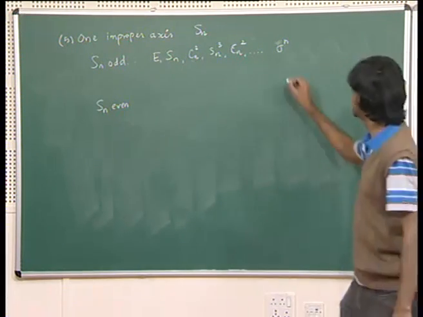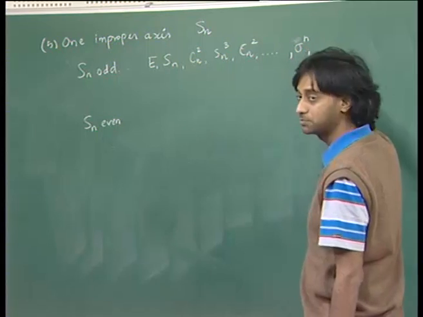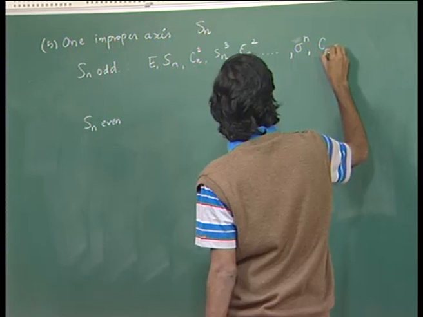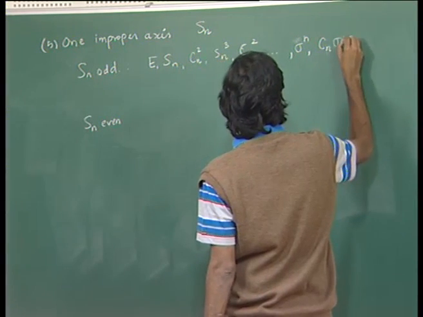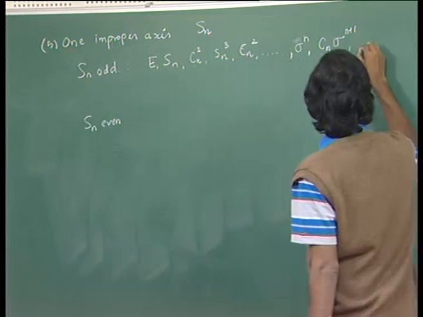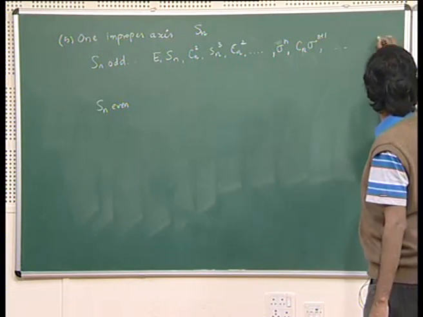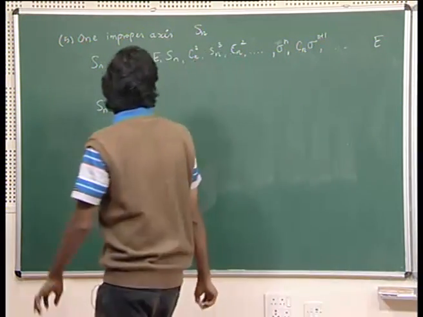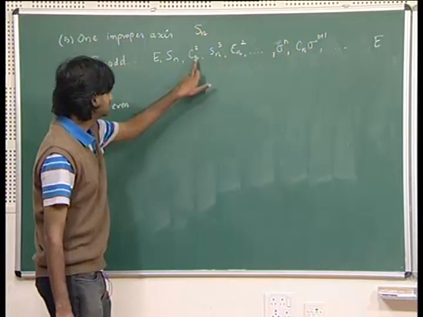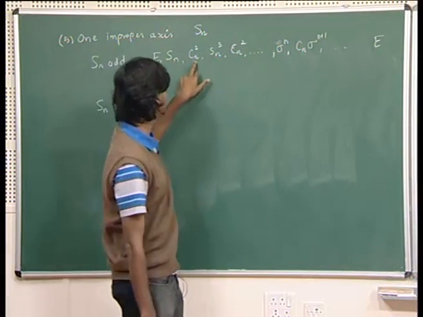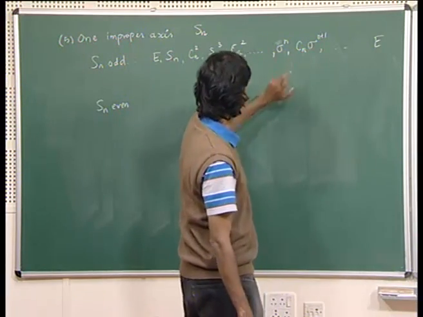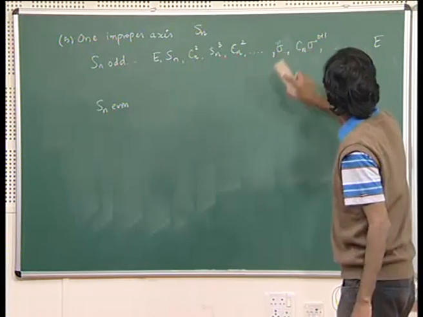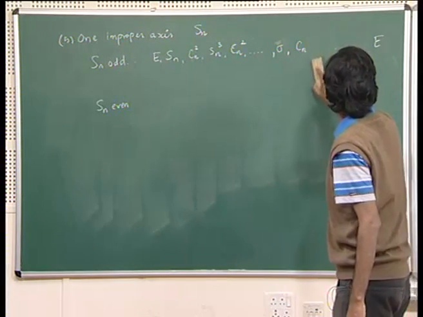And then you have Sn raised to n plus 1, which is Cn sigma raised to n plus 1, and so on all the way up to Sn raised to 2n, which is the identity operation. If n is odd, sigma raised to n is sigma and sigma raised to n plus 1 is just identity.